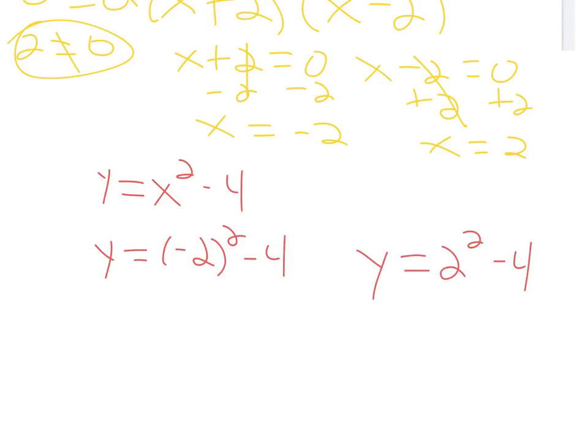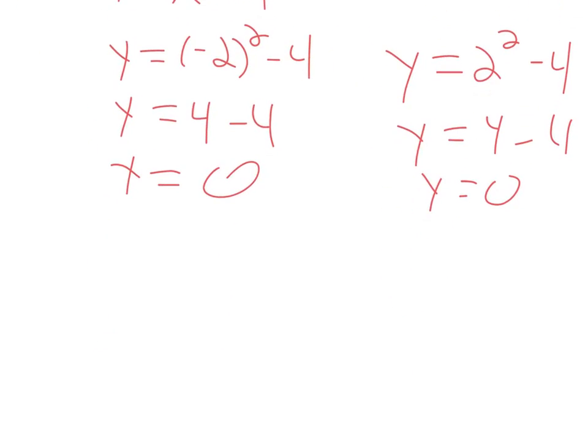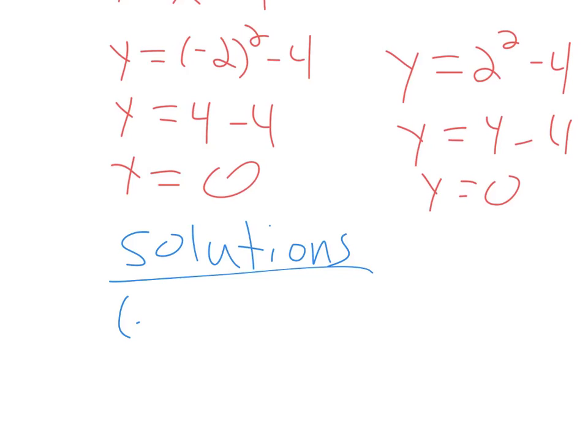Both times we would do the exponents before the subtraction first, so I'd be left with y equals 4 minus 4 and y equals 4 minus 4. So y would be equal to 0 both times. So my solutions then would be negative 2, 0, and 2, 0.